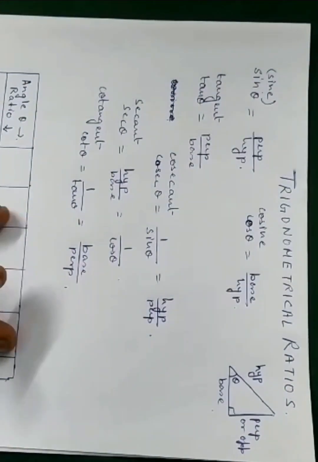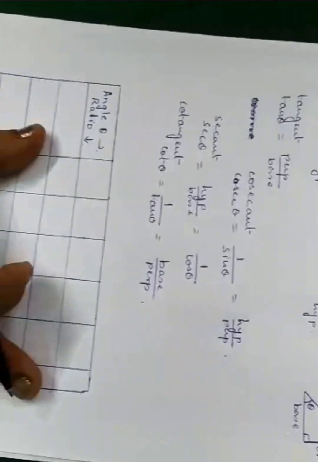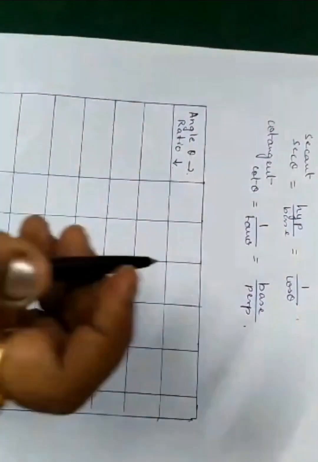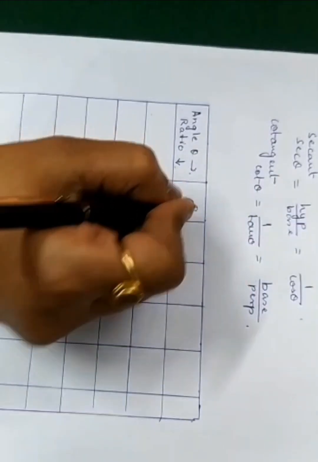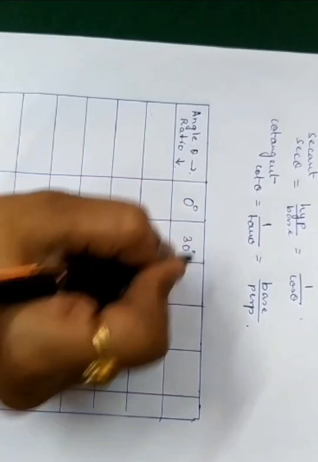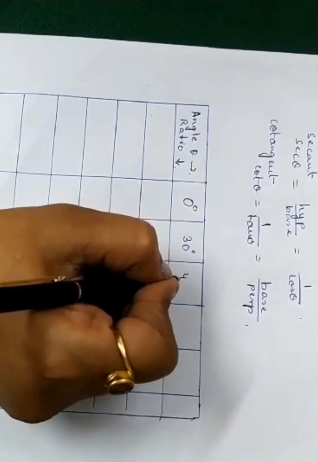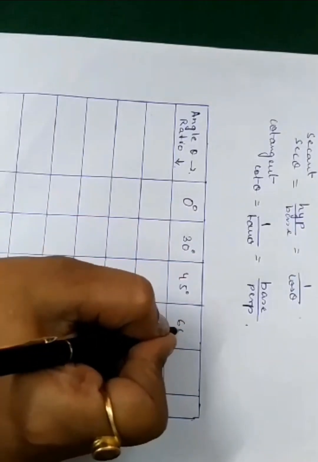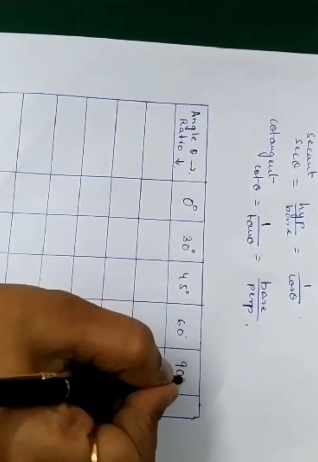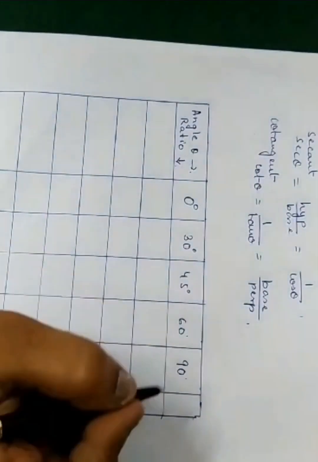Now for each of these ratios we have a few standard angles. What are the standard angles? One is 0 degree, one is 30 degree, one is 45 degree, one is 60 degree, and the next one is 90 degree.